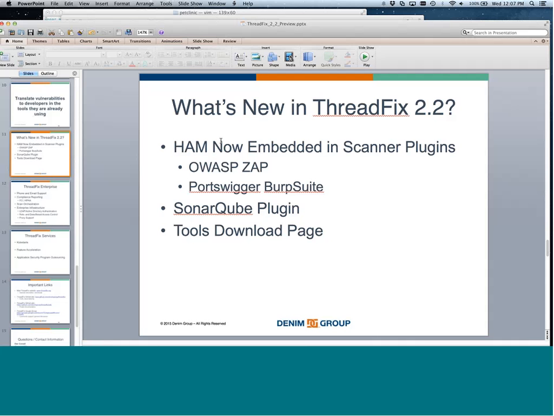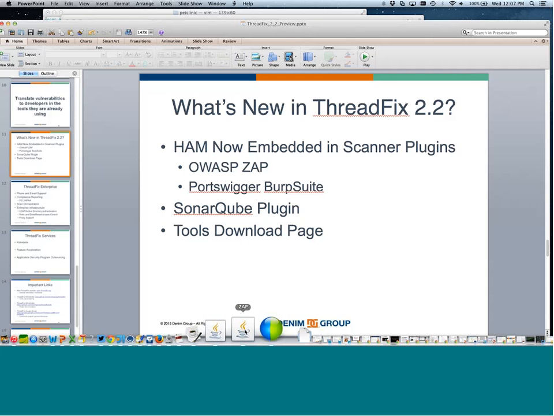We basically use the hybrid analysis mapping technology to do a lightweight static analysis of the application source code. From that, we identify all of the URLs that the application will respond to, as well as the parameters that the application is going to pull. And so we can seed that into these scanners.